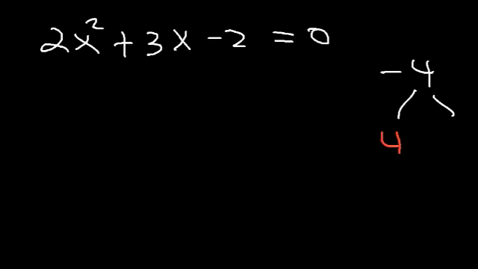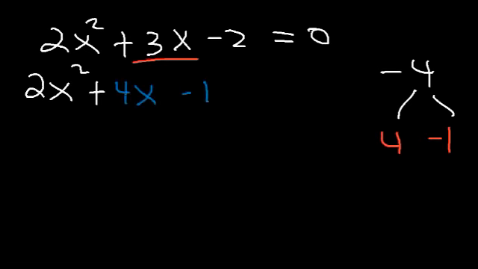So this is going to be 4 and -1. 4 plus -1 is +3, and 4 times -1 is still -4. Now we're going to replace the middle term 3x with 4x and -1x. Notice that the value of the expression is still the same. 4x minus 1x is 3x.